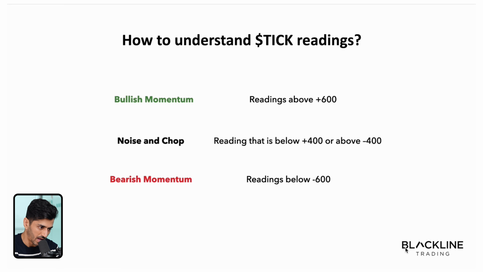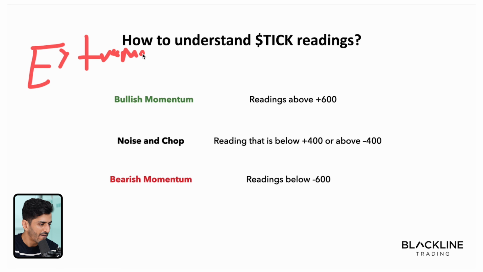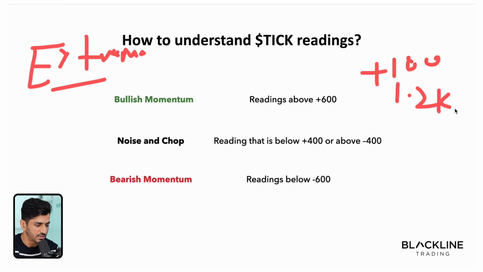Now there's something else which is also very important when considering tick readings, and that is called extreme readings. What are the extreme readings? Extreme readings are whenever you get readings such as plus 1000 or 1.2K. Similarly, minus 1000 or minus 1.2K.